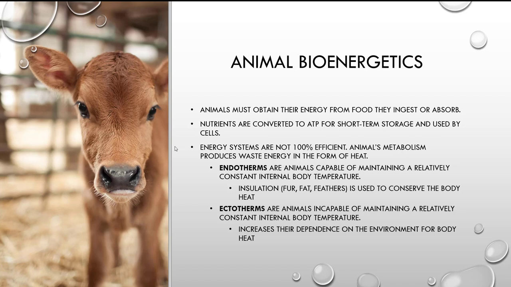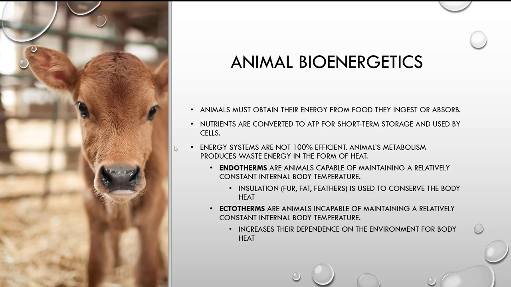The conversion will not be 100% efficient, and that loss of energy is in the form of heat. So an animal's metabolism, remember, metabolism is the collection of all the chemical reactions occurring inside the body, produces waste energy in the form of heat.